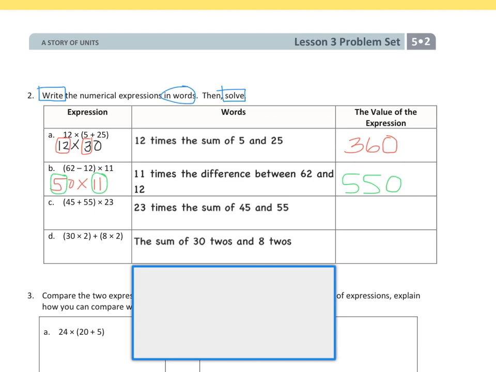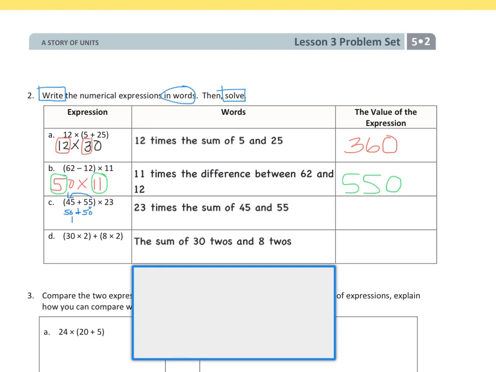2c, we're going to do 45 plus 55. So let's see if we can do some mental math really quick here. Since there's this 5 1s in 55, if I took that 5 1s and I added it over to the 45, that changes it to 50 quickly. And since I took away 5 from the 55, that would change that to 50.